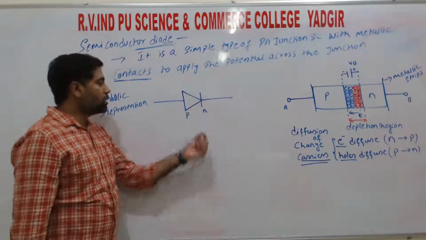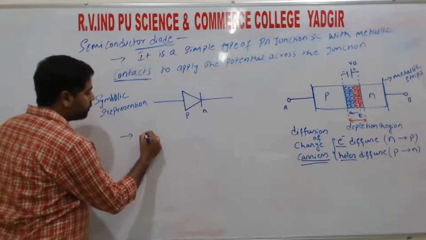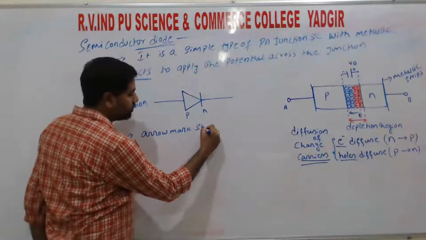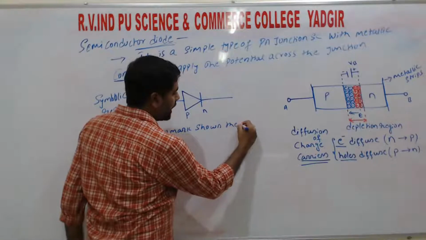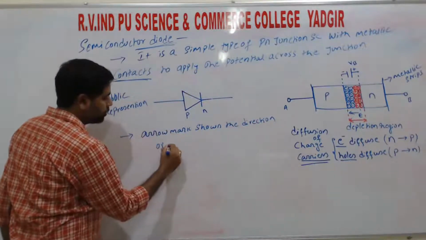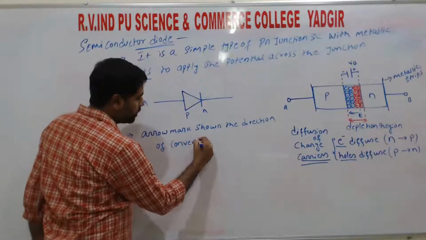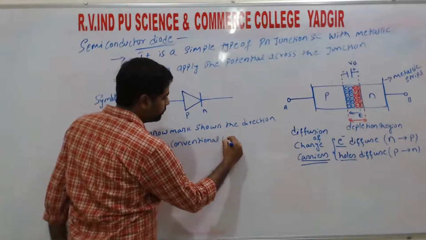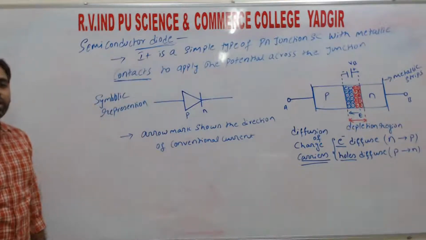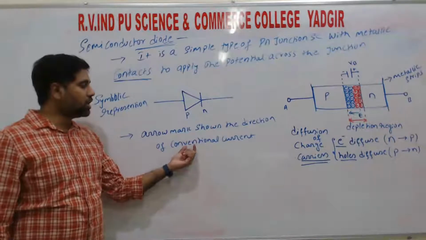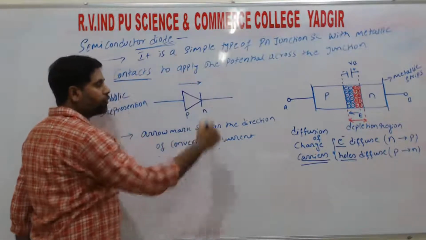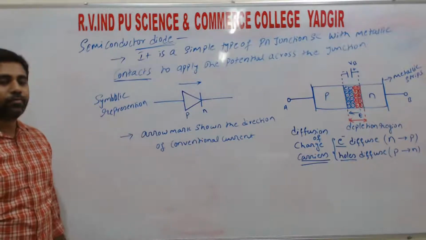The arrow mark shows the direction of conventional current, that is opposite to the flow of electrons. So the arrow mark is towards the right side, which means the direction of the flow of current is towards the right side, right?